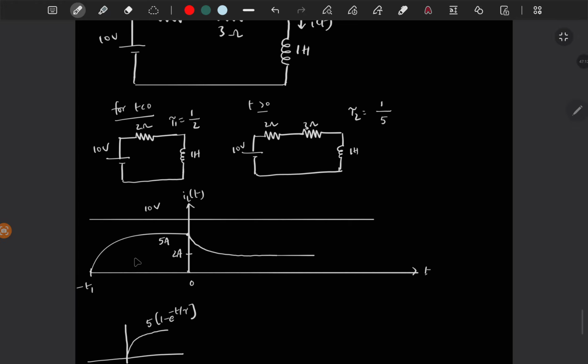So this will reach steady state in 5 time constants, and this will reach steady state, in the sense from 5 amps to 2 amps, in 5 tau 2, which is 1 second, right?